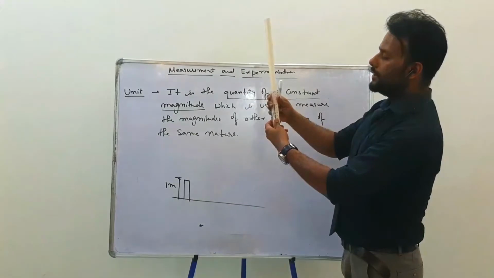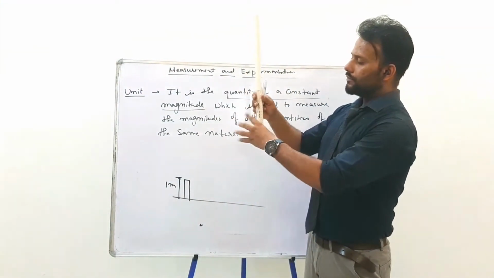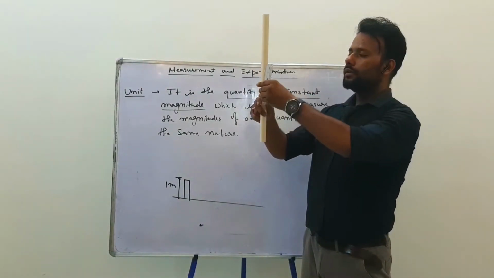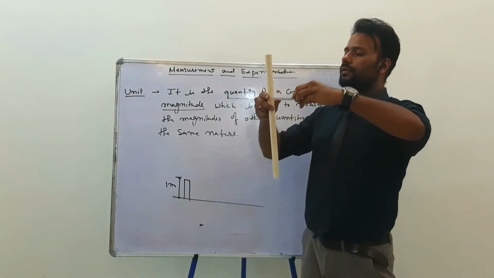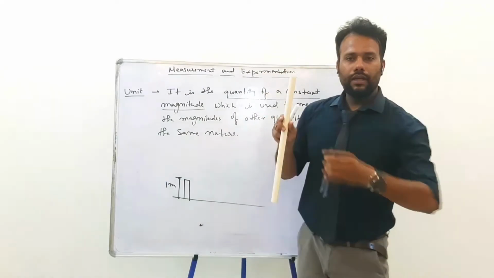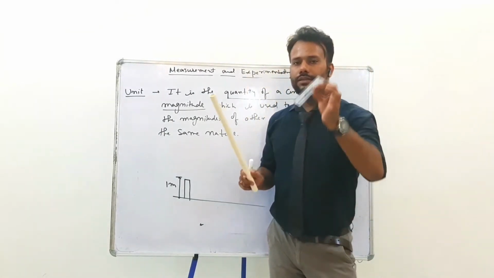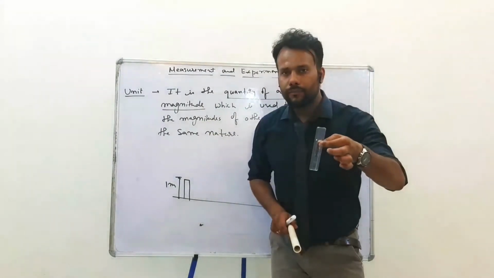As I said, this scale is of 1 meter. So that's 1 meter. Now it is going up, that's 2 meters. It is going up again, so it is about 3 meters. Can you see that the length of this pipe is 3 times the length of the given standard scale?